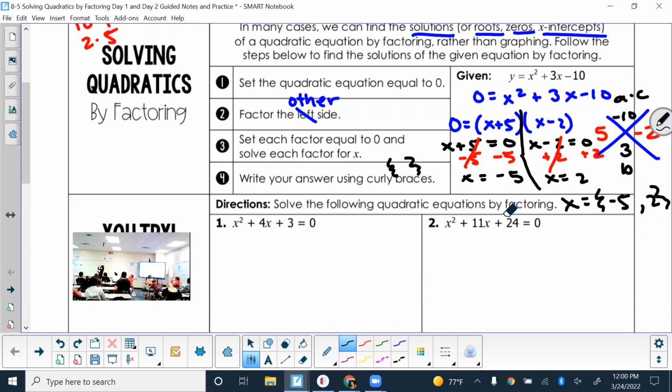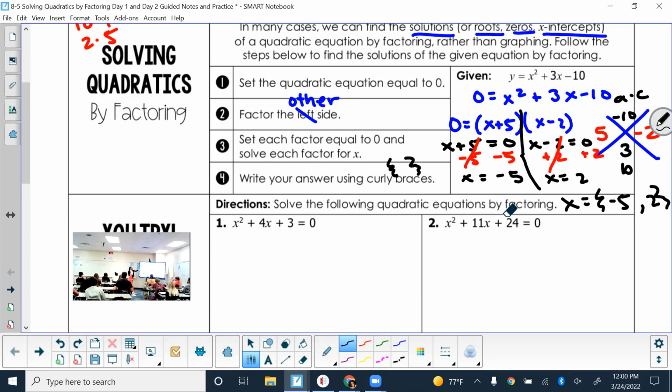Is it all right if I reverse the order of the numbers, like if I put 2, -5 instead? It is fine, because I'm not talking about a coordinate or anything. I'm just saying anytime I use curly braces, here's my answer, or here's my list of numbers that I can do. Questions at all?